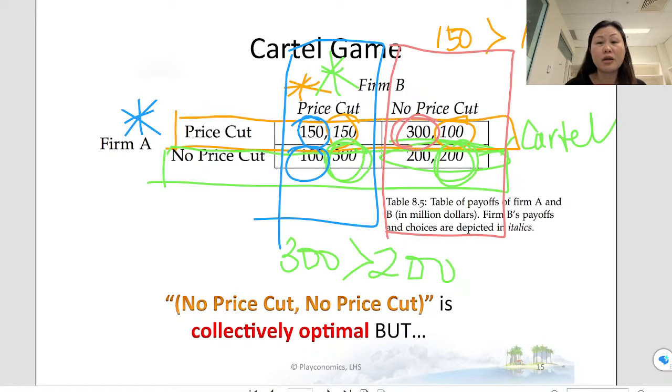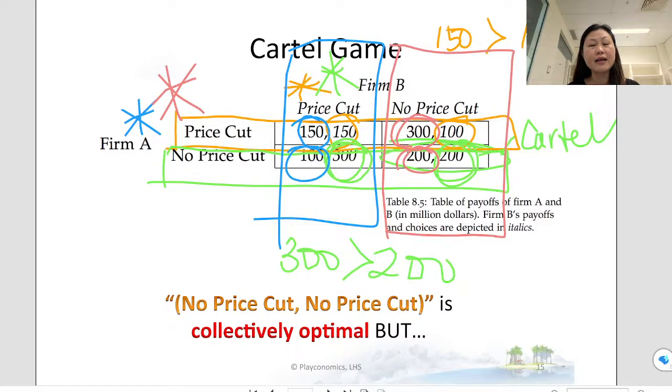And if they do not price cut, they get 200 million. And therefore, they will price cut. So we can see here that price cut is both their dominant strategy. This is the optimal choice for firm A and firm B.